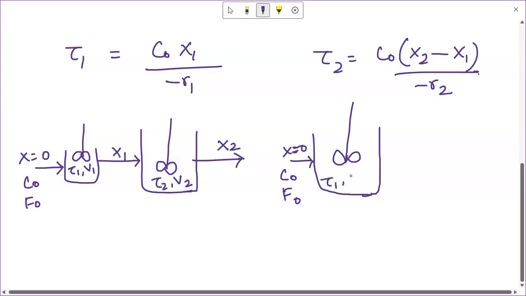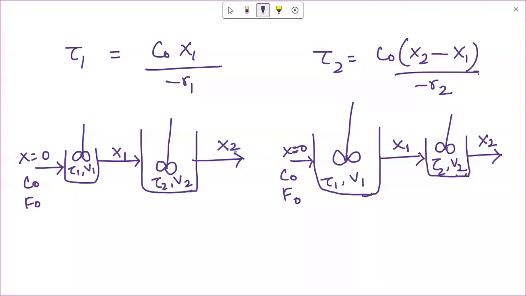This is tau 1 V1, then the intermediate conversion is X1, and then we have a smaller reactor of tau 2 V2 with final conversion X2. Now we have assumed that in both cases this final conversion X2 is the same. In that case, we choose which system is better for us.